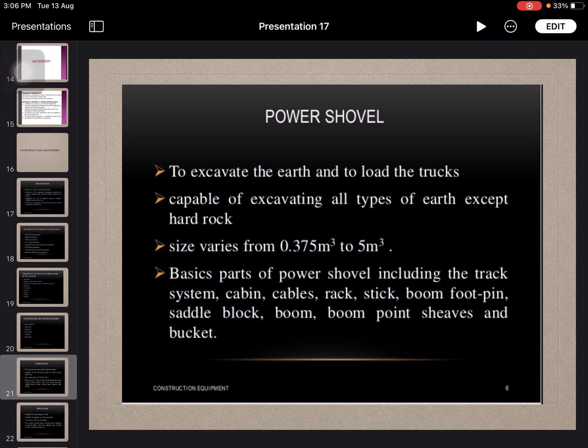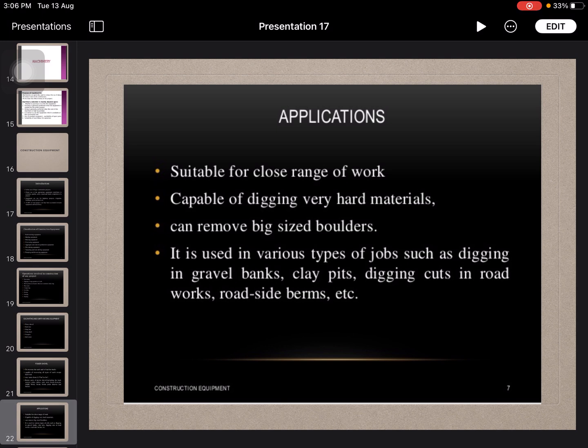Basic parts of the power shovel include cables, cabin, rack, stick, boom, footpin, bucket, saddle block, etc. Similarly, each equipment has different applications.